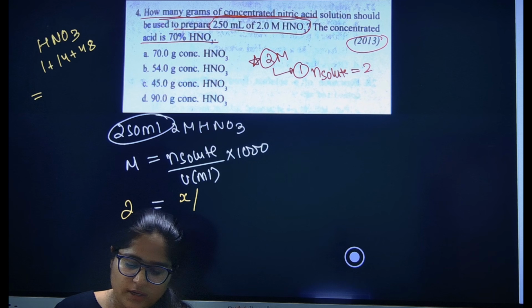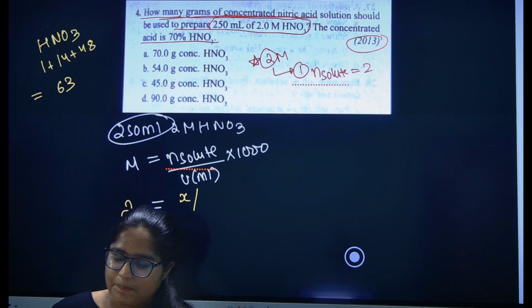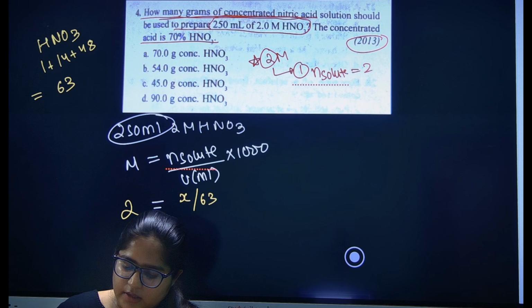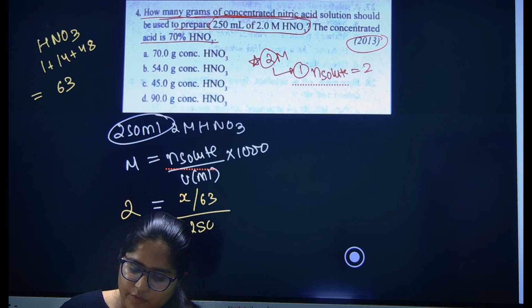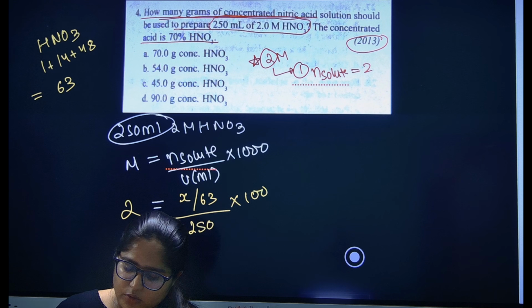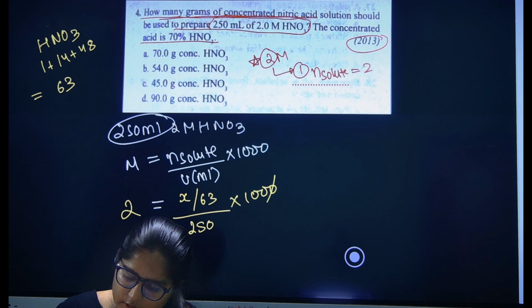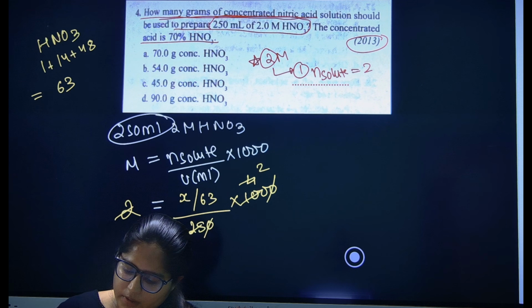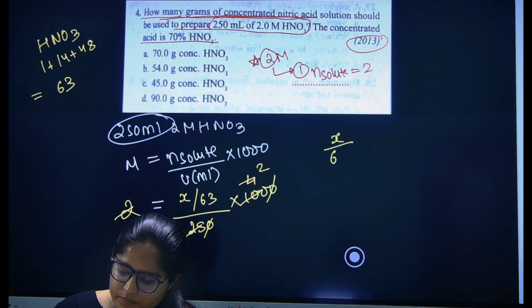So we are going to get here 63. So x by 63 divided by volume, which is 250, into 1000. Okay, let us solve here. 0 gone. It will come here 4. Then again 2 cancelled out from here. So we will get here x by 63 into 2 equal to 1.